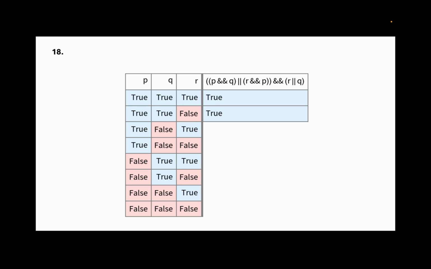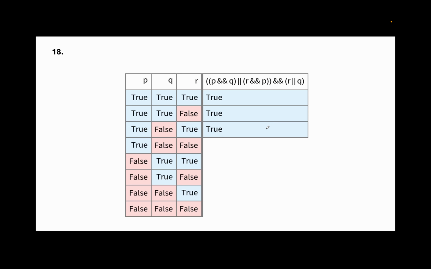Okay. Next. P and Q are true. False. R and P true. R or Q true. Answer is true. False or true. Third one is also true.